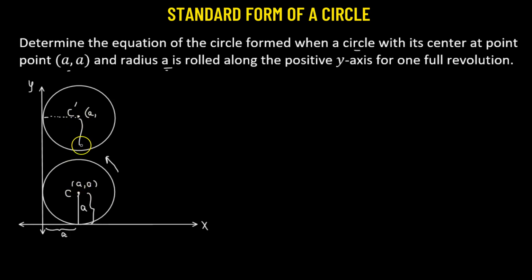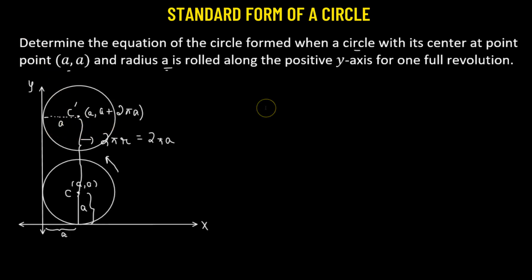So this length C to C prime will be equal to 2 pi times the radius of the circle, which is 2 pi a. So that is the length that it has covered. So the total length will be, initially it was a, and to it we're going to add the circumference, which is 2 pi a.